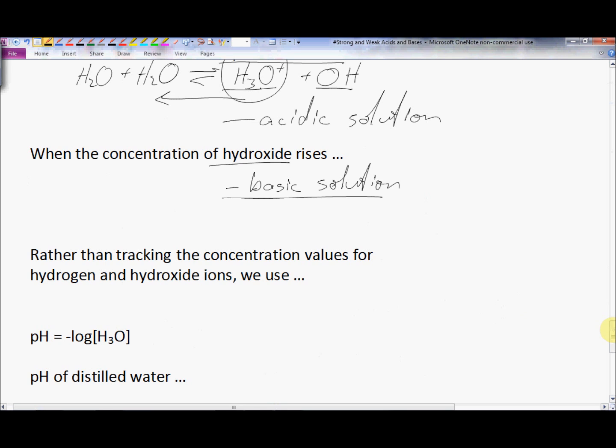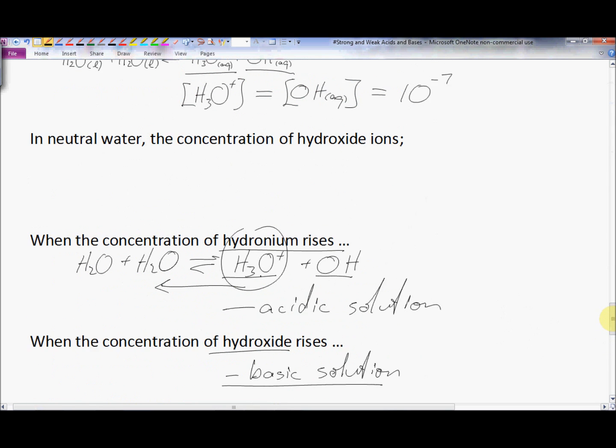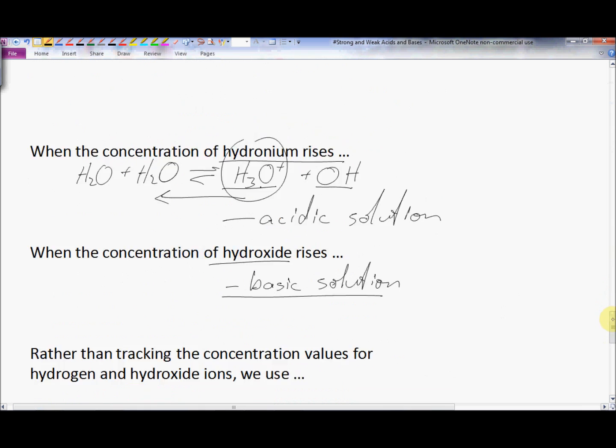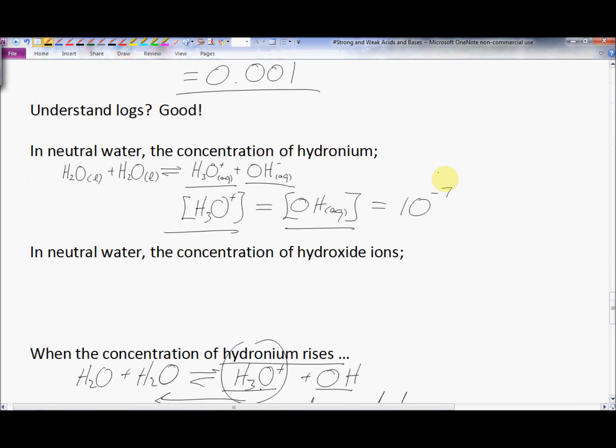So as we analyze how much hydronium and hydroxide we have and what the concentrations are, because we're dealing with such small concentrations, we need a way of tracking these concentrations without dealing with these unruly numbers.